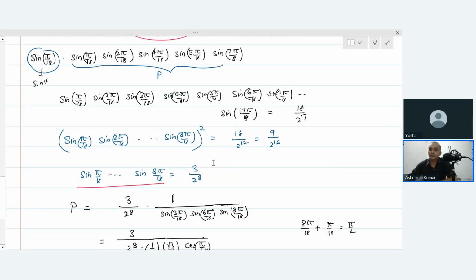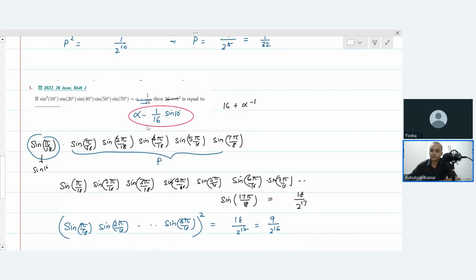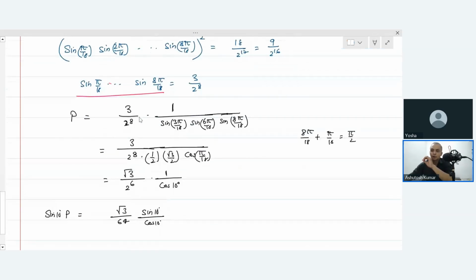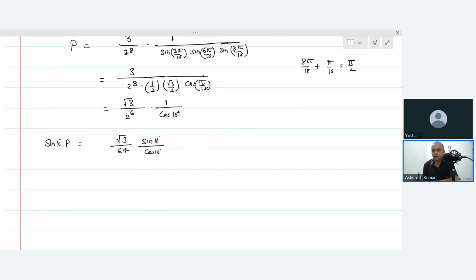Now you see in this whole thing, I don't have any root there. And also the terms are in terms of sine 10 degree. There's no cos 10 or anything. Alpha is a constant. So first of all, I will try to kill or utilize this root thing. How do we utilize it? I'm borrowing this 1, 2 from here, and I'm writing this thing as 1 by 32.